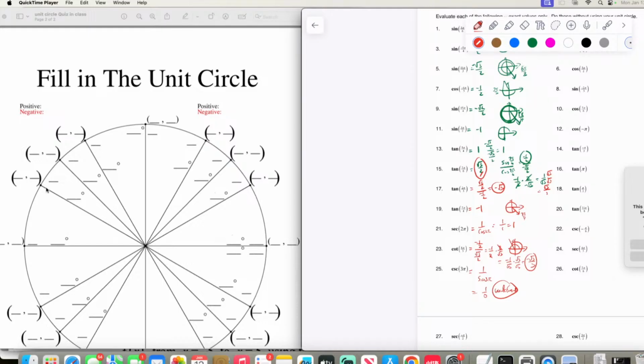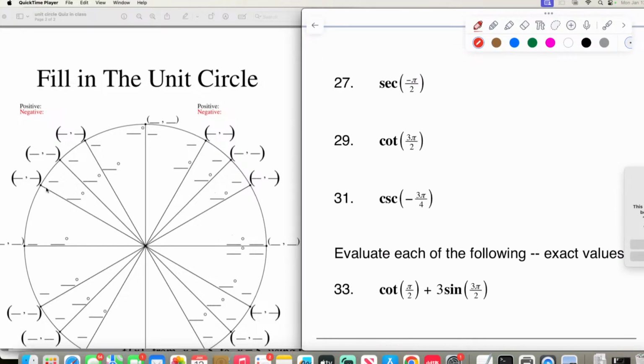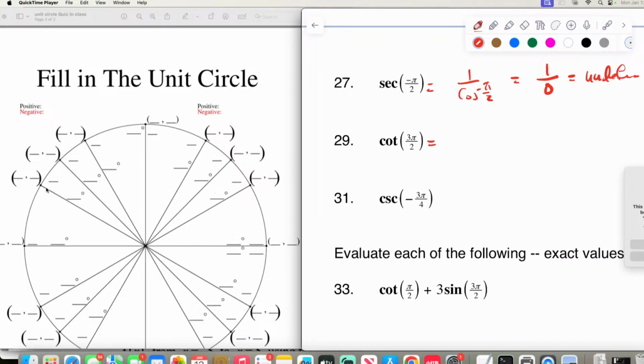Or x over y. Okay, so now secant of negative pi over 2. That means 1 over cosine of negative pi over 2. So that's 1 over, I believe that's 0. Yeah, so that's undefined as well. Tangent is y over x, cotangent is x over y. So cotangent of 3 pi over 2, so that's going to be y over x.